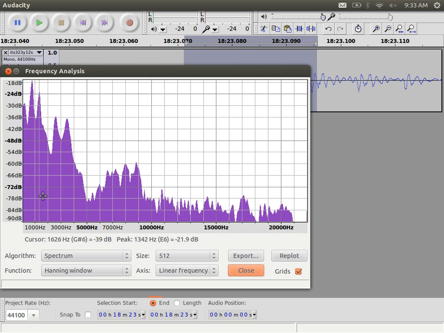So most of the signal energy is in the first several thousand hertz in this case. Which makes sense because when people talk, they normally talk in the range of frequencies up to around 4,000 hertz. All right, maybe some higher frequencies, but speech typically ranges from 0 up to 4,000 or 5,000 hertz.